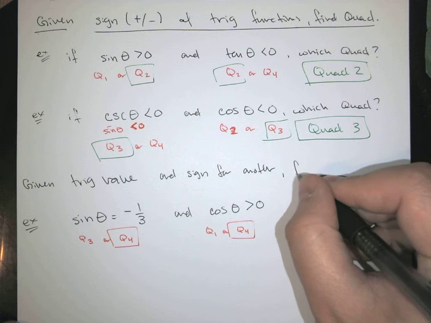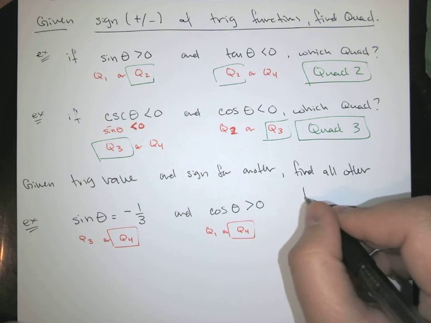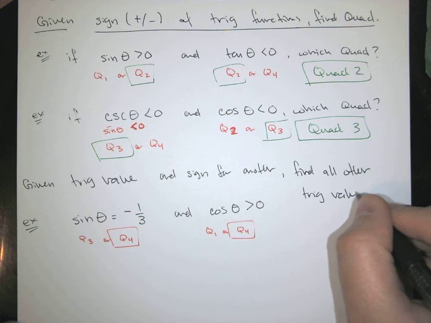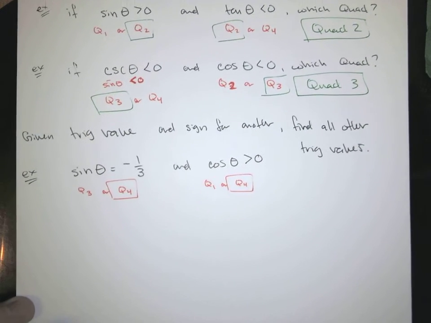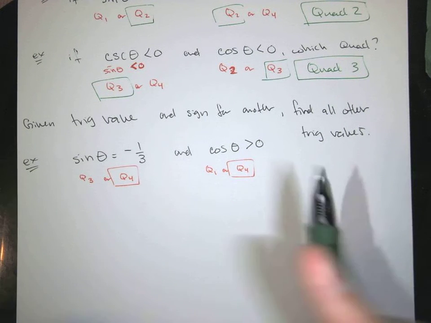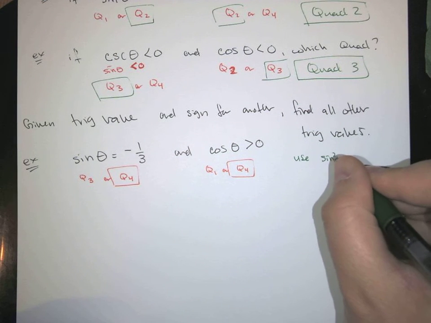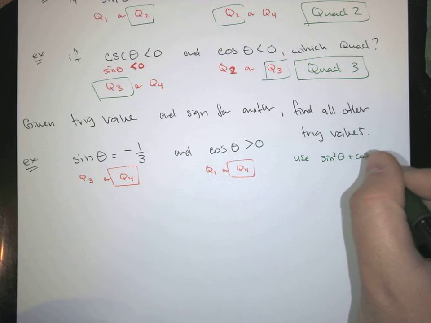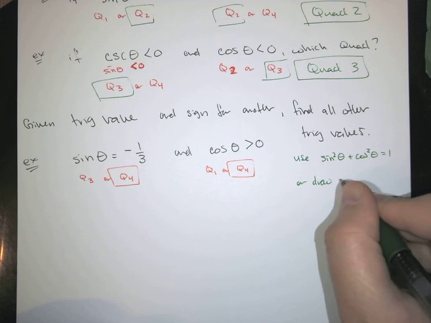What we're asking for here is to find all the other trig values. We can use either sine squared plus cosine squared is 1, or we can draw a picture. We can use that Pythagorean identity based on the Pythagorean theorem, or we can draw a sketch.